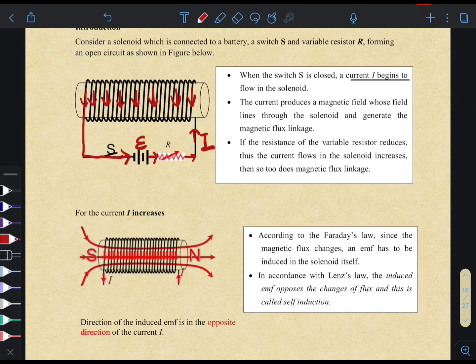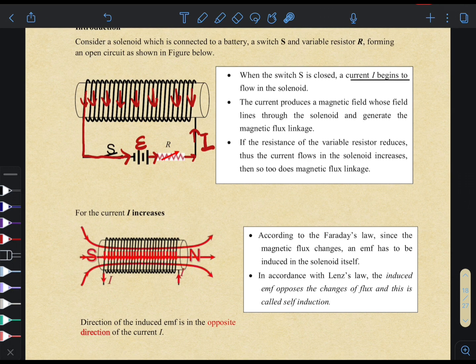Okay, so the current produces a magnetic field whose field lines through the solenoid. So kita akan ada magnetic field being produced dekat sini according to your chapter 4. When you have current in a conductor, you can produce magnetic field. So using your right hand grip rule, okay, right hand grip rule, ambil pensel tadi, kita pegang pensel tadi tu.